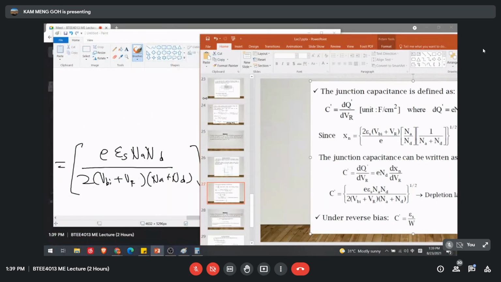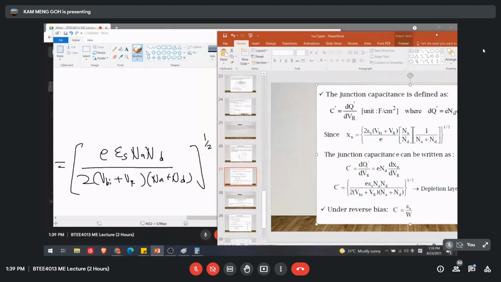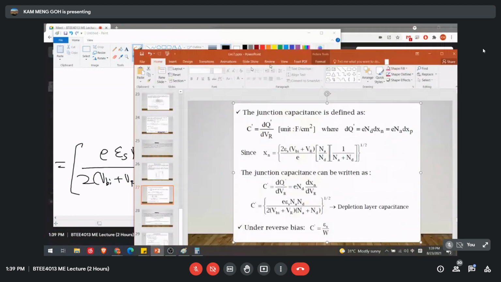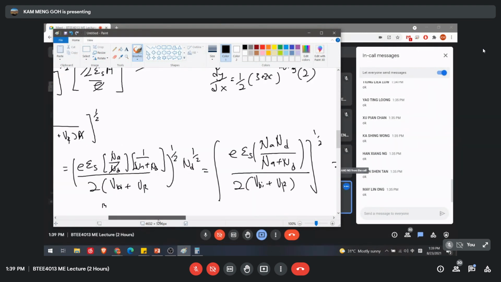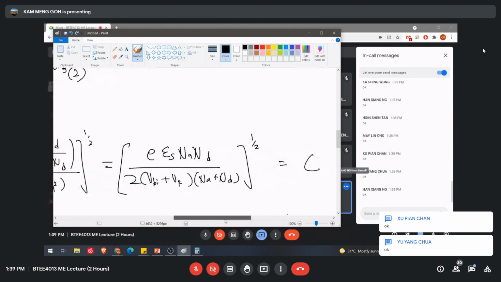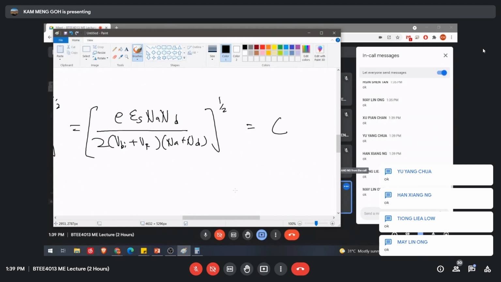Okay, at this point, any question? Okay, can you understand? Okay, okay. Very simple and easy. This one is just the derivation only, nothing much.